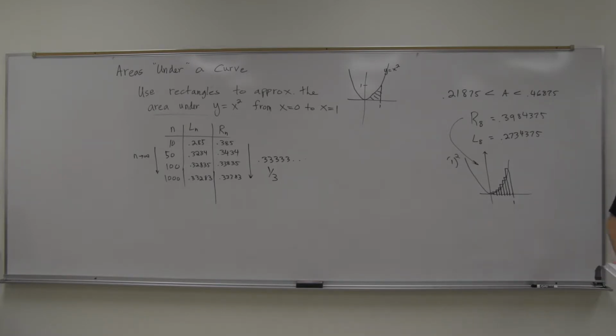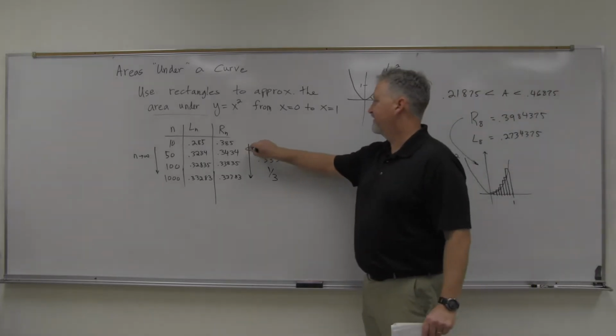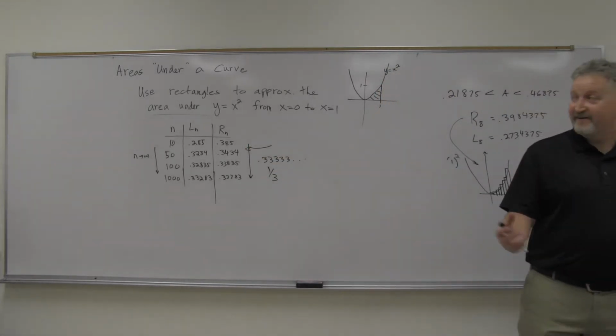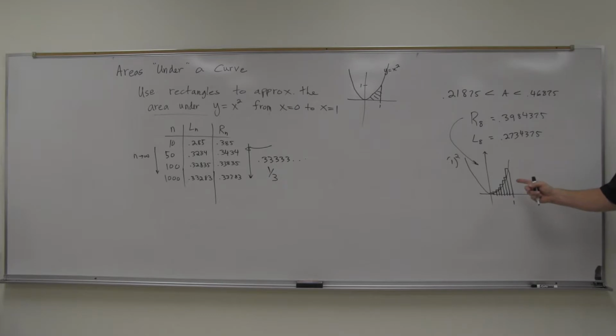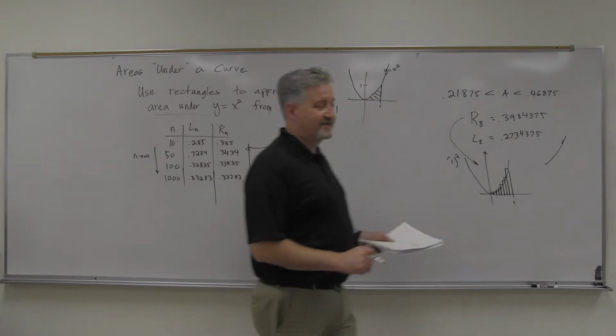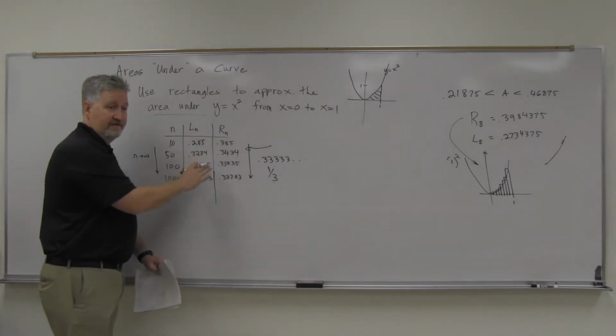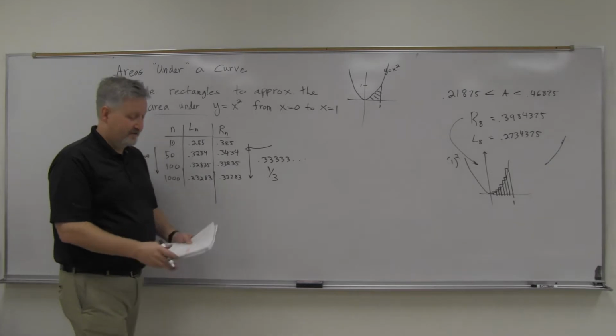You can really see they do it up to, well, they did the 50. They showed this one in the book. You can see there the gaps are not very much for 50. R50 and L50, I mean, they're just little bitty gaps. So it's not very much overage or underage if you're going with L's. But anyway, it's kind of a good visual to see that, yeah, we're getting pretty close with this 50, and 1,000 and 100 would even be better.